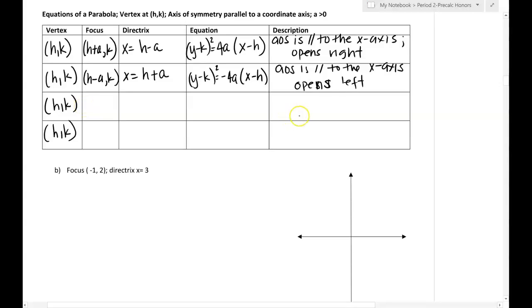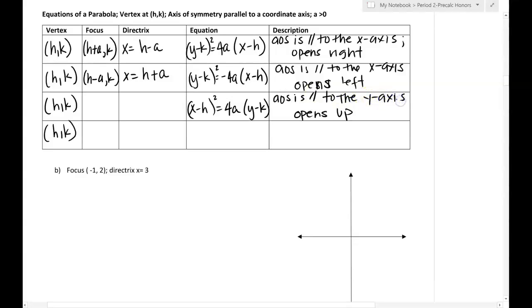Next one, we will have something that opens up, which you guys already know how to graph. Opens up, meaning that the x will be squared. So x minus h quantity squared equals 4 times a, so that's positive. That's why it opens up, times the quantity of y minus k. Now the axis of symmetry is parallel to the y-axis.